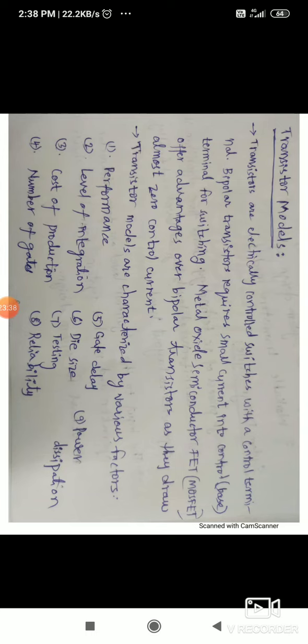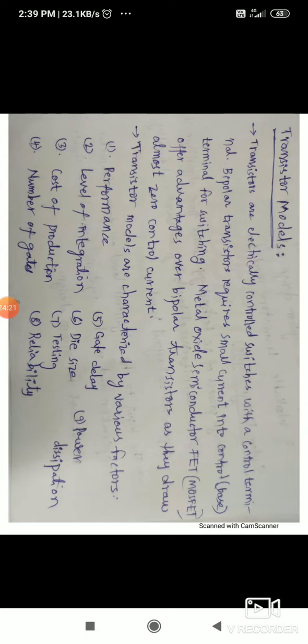Transistor models are characterized by various factors. Transistor models means which type of transistor must be used for the fabrication of an IC. Generally we know BFW11, which is a standard type of FET.